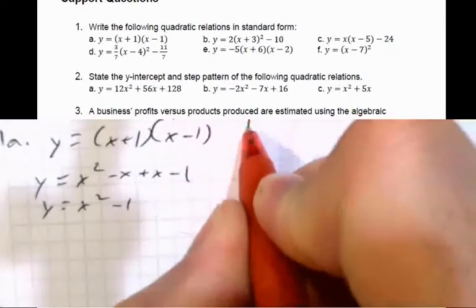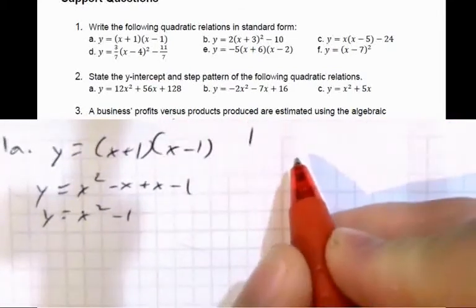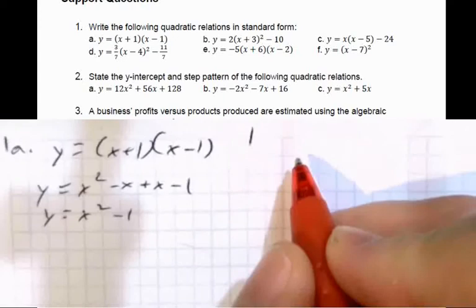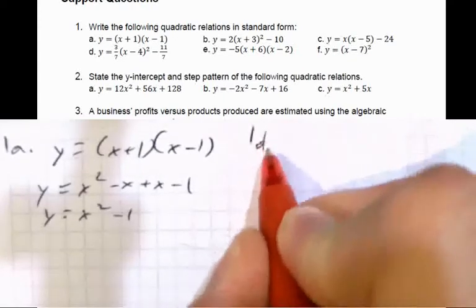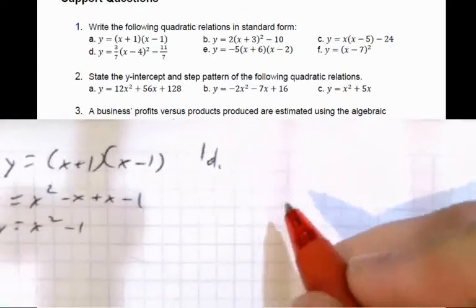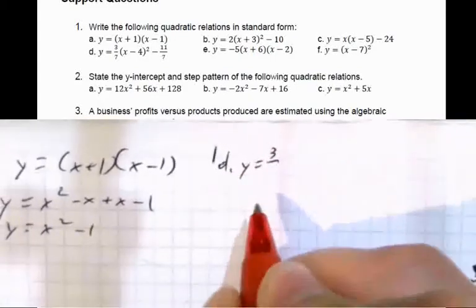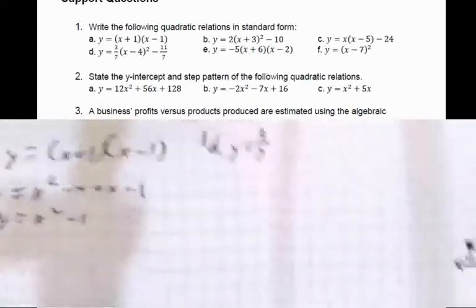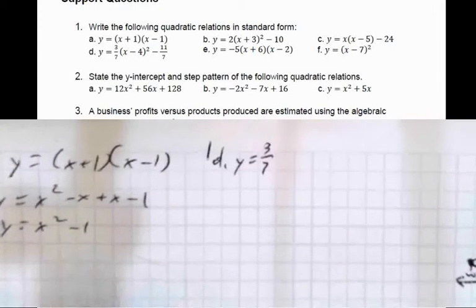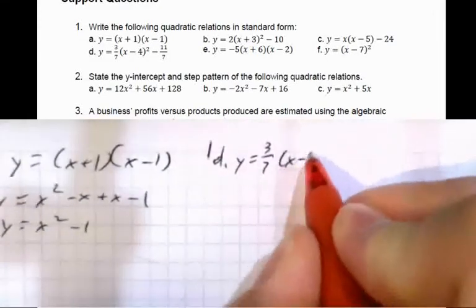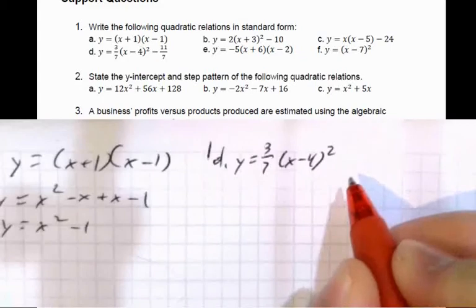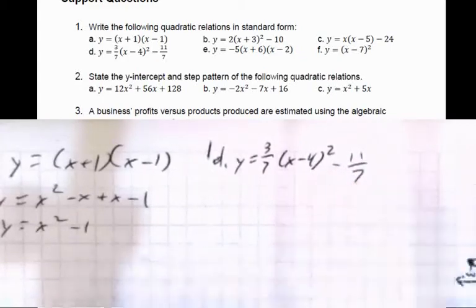Let's look at another one. Let's do d. I think some people might have some difficulty with that one because it's got fractions in it. So our equation is 3 over 7 (x minus 4) squared minus 11 over 7.